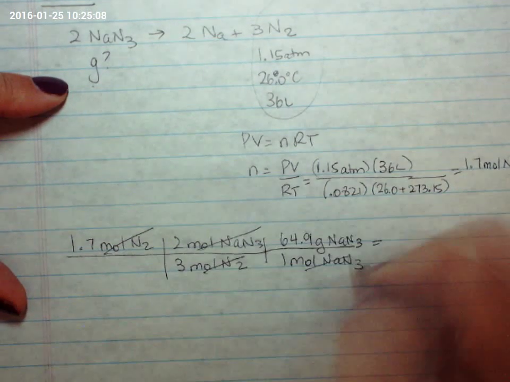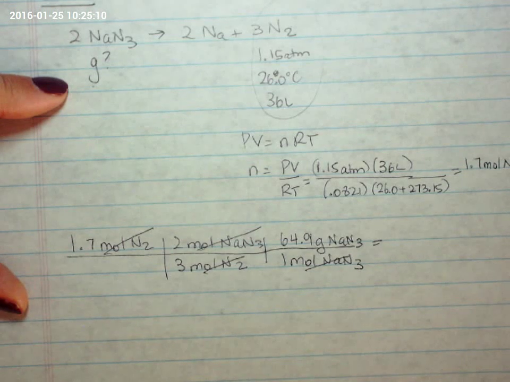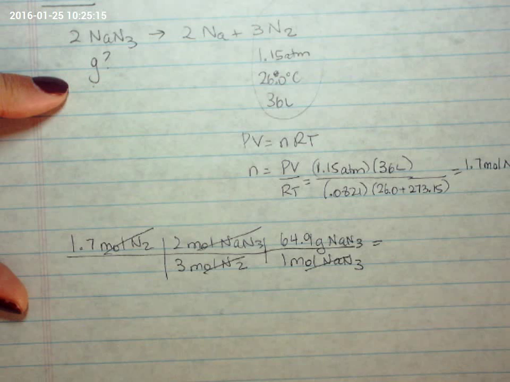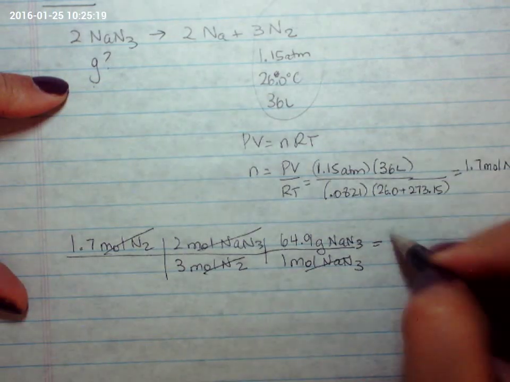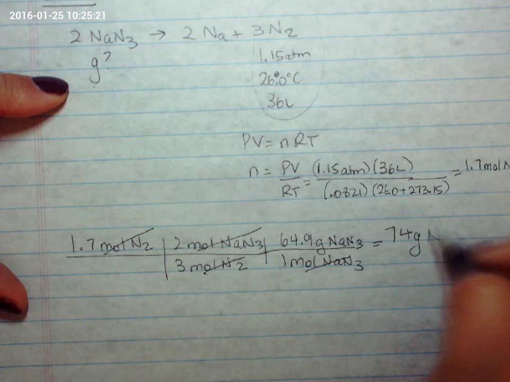So moles cancels out with moles, and then I would just take 1.7 times 2 times 64.9, divided by 3. I get 74 grams of sodium azide.